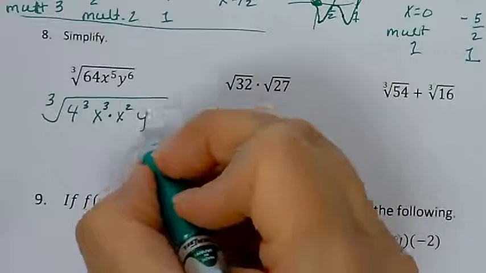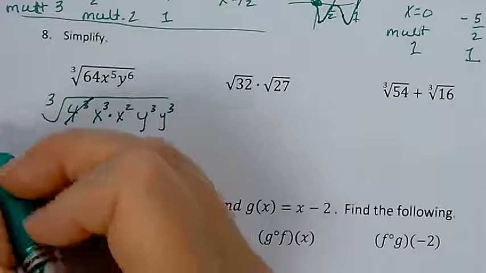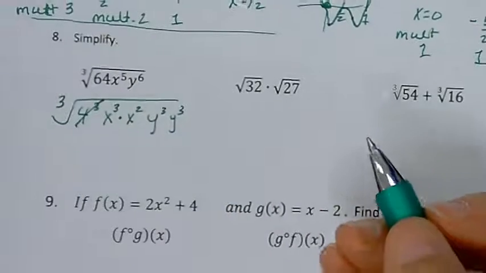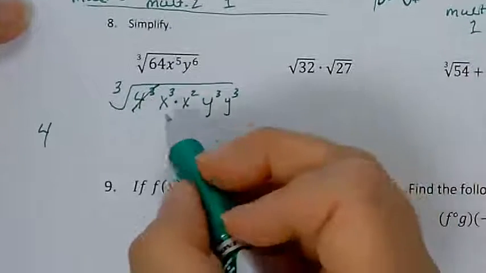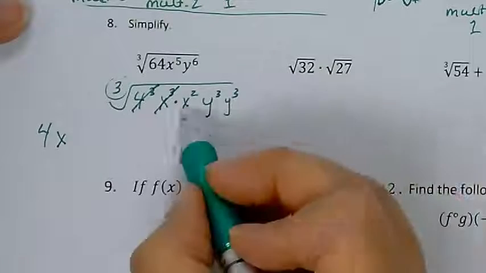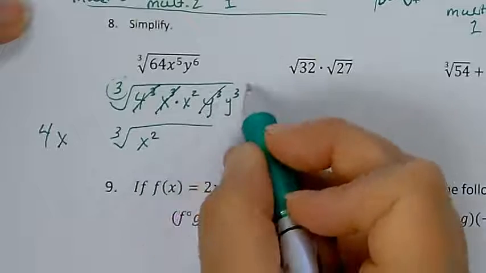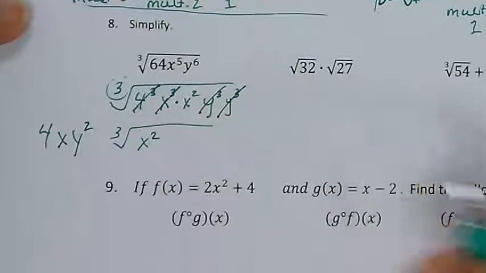And this is y to the 3rd, y to the 3rd. So since 4 happens 3 times, it's going to put a 4 on the outside. Since x cubed, that's going to put an x out here because I'm looking for cubes. I have some left over in here. And this happens once and this happens once, so it'll be y squared on the outside.